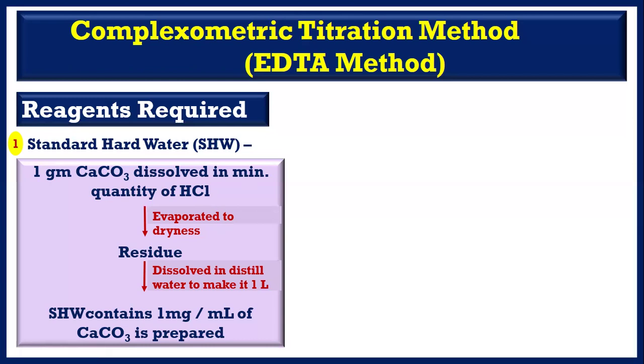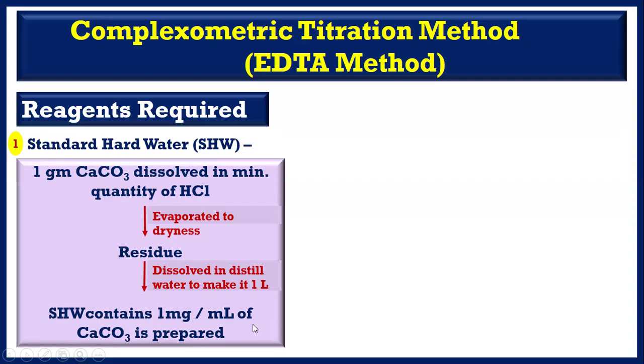So how do we dissolve it in water? Therefore, first we dissolve it in hydrochloric acid, then a residue appears. Now this residue is dissolved in 1 liter of distilled water to make 1 liter of standard hard water.